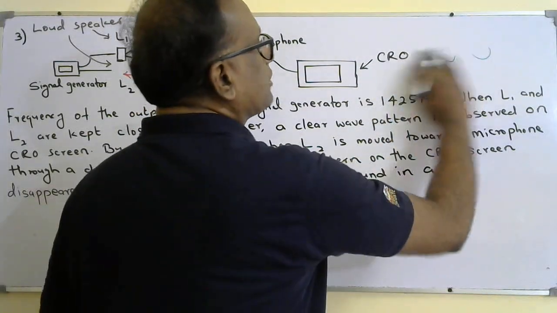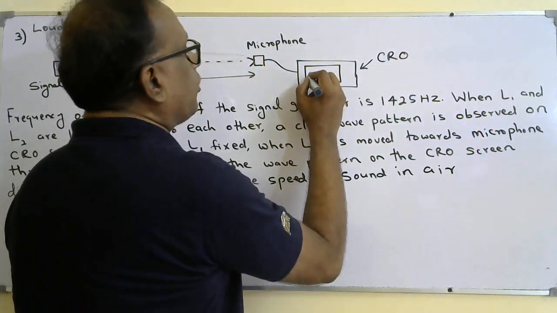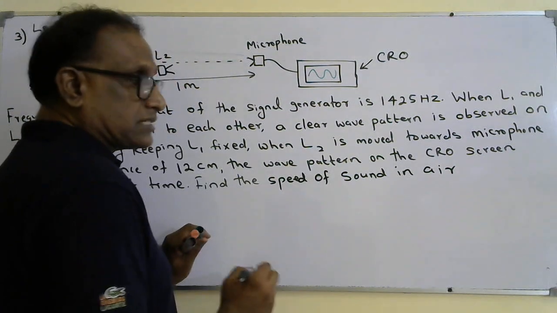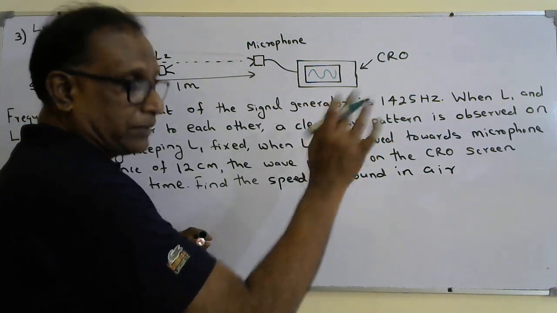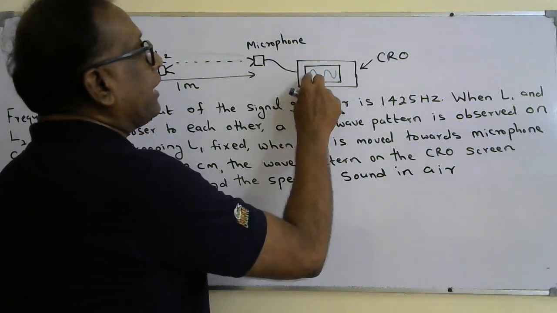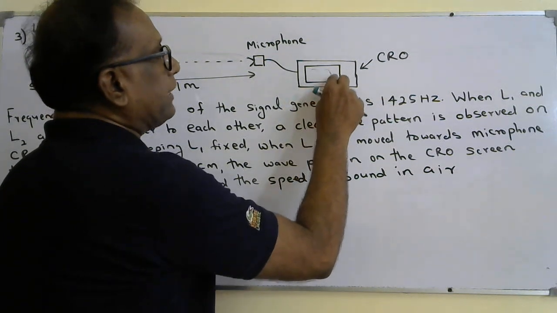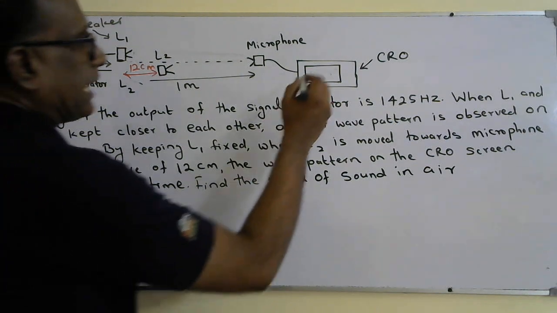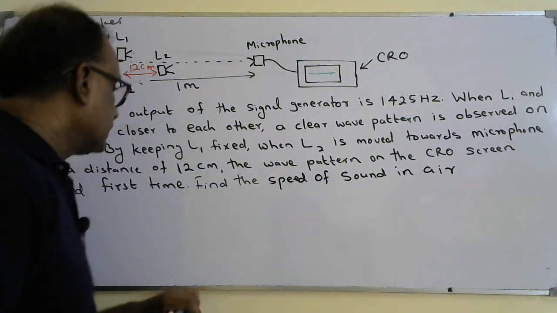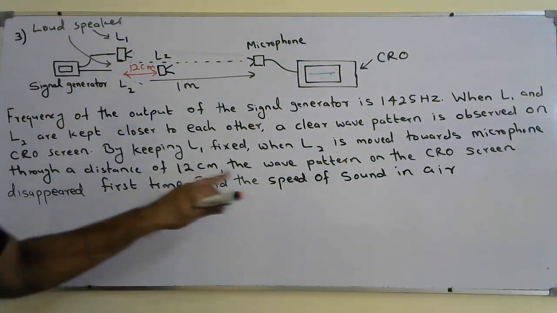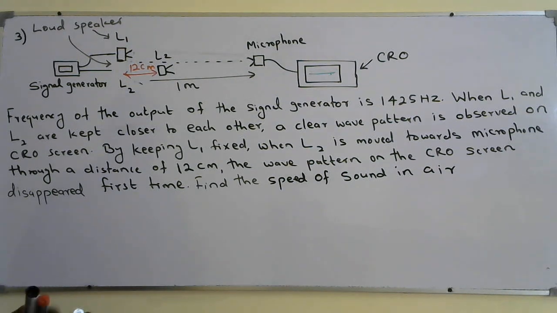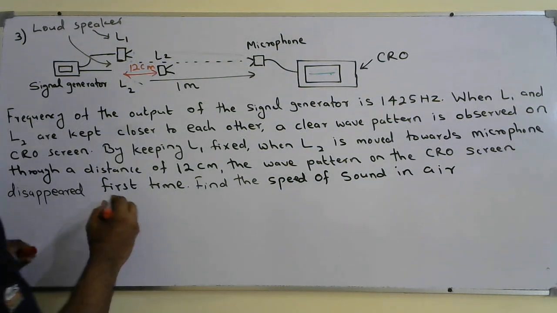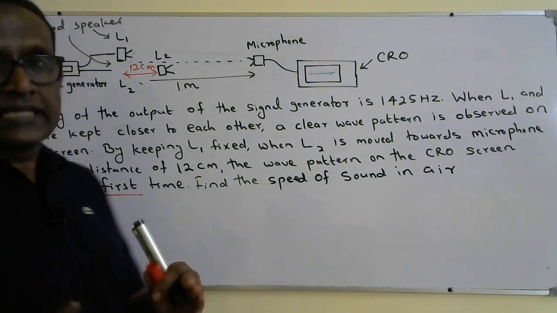Earlier the wave pattern was like this, when the path difference was 0. Now when L2 is moved through 12 centimeters, the wave pattern has disappeared.